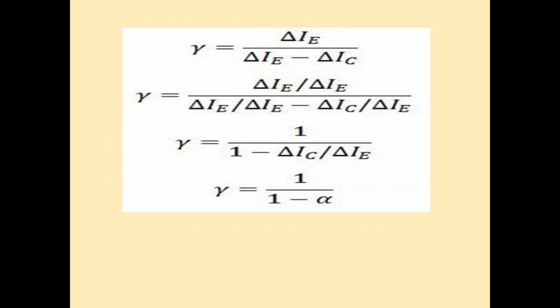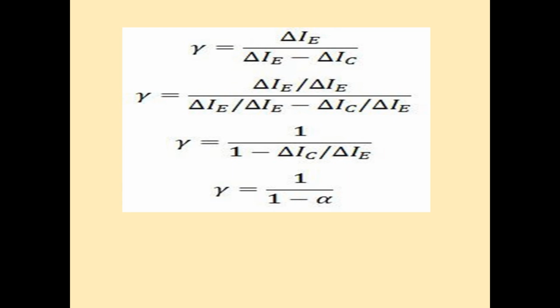So gamma equal to delta IE by delta IE minus delta IC, and divide the numerator and denominator by delta IE, which gives gamma equal to 1 by 1 minus delta IC by delta IE, so gamma equal to 1 by 1 minus alpha.